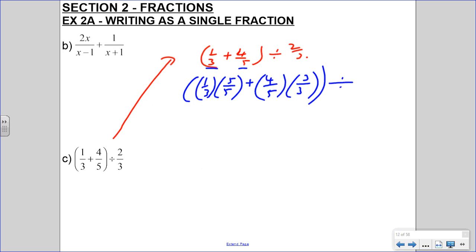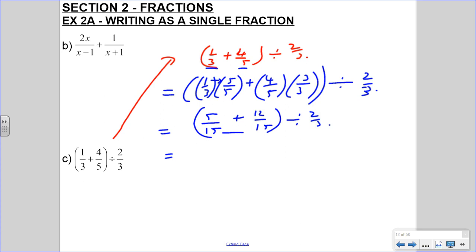And we'll leave that divided by 2 thirds for now. We just clean everything up before we mess with that. So top times top is 5 over 15 plus 12 over 15, all divided by 2/3. So we put this together because this has the same denominator now. So 5 plus 12 is 17 over 15.